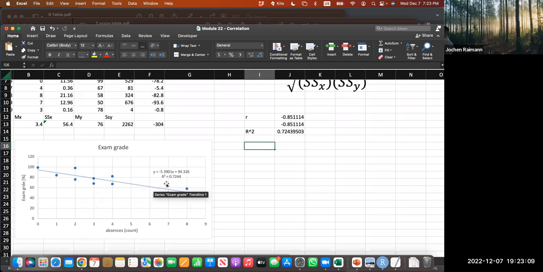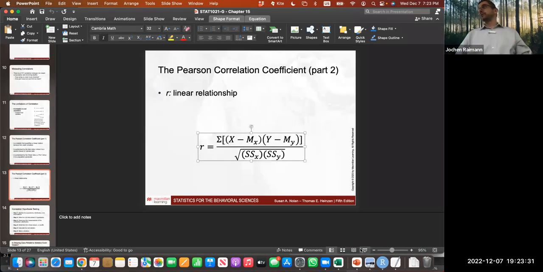You have a decrease of 5.4% of your grade. That's just, if you have no absence, that's your score. If you have been to class all the time, you have a 92% exam grade. So that's how you interpret this. And this is where correlation is really brought to work, right? That's where it's getting really exciting. Good. So this is correlation. Any questions on that?